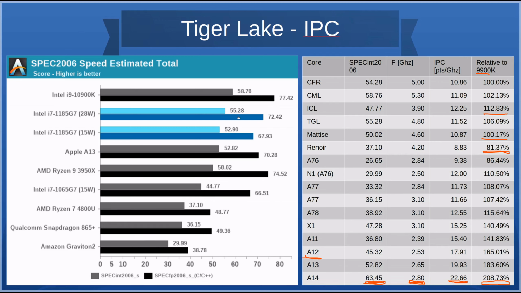Guys, in terms of absolute performance in this graph, it's almost here. If I draw the line, it will be somewhere here. This is the Apple A14 prediction.